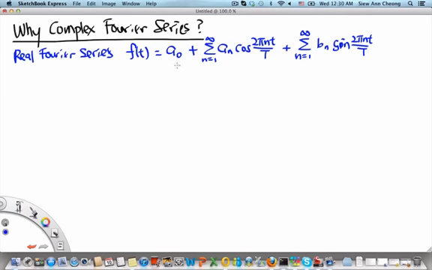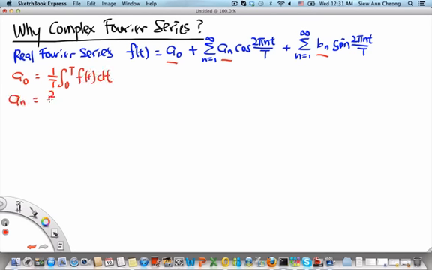Now, the inconvenient part of having this real Fourier series is that we need to evaluate the coefficients a0, an and bn separately. a0 is equal to 1 over T integral from 0 to T of f of t dt.